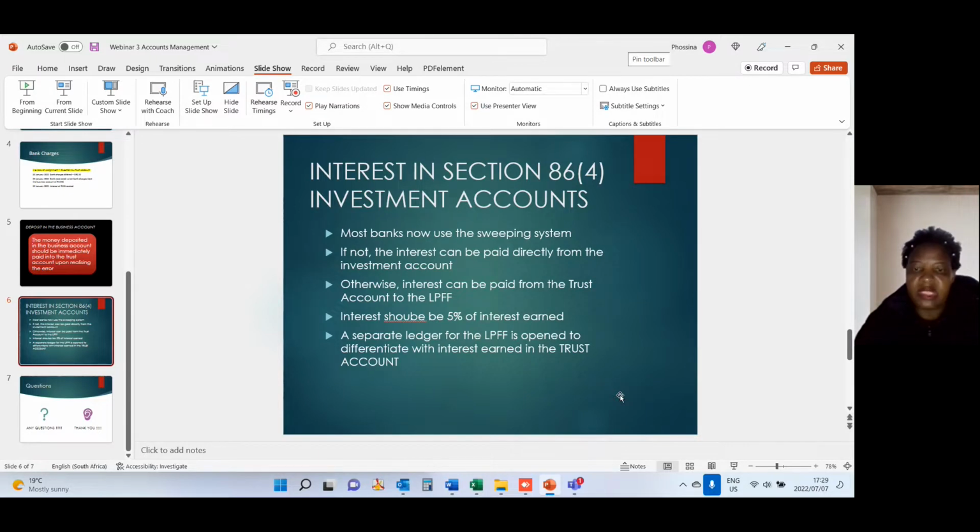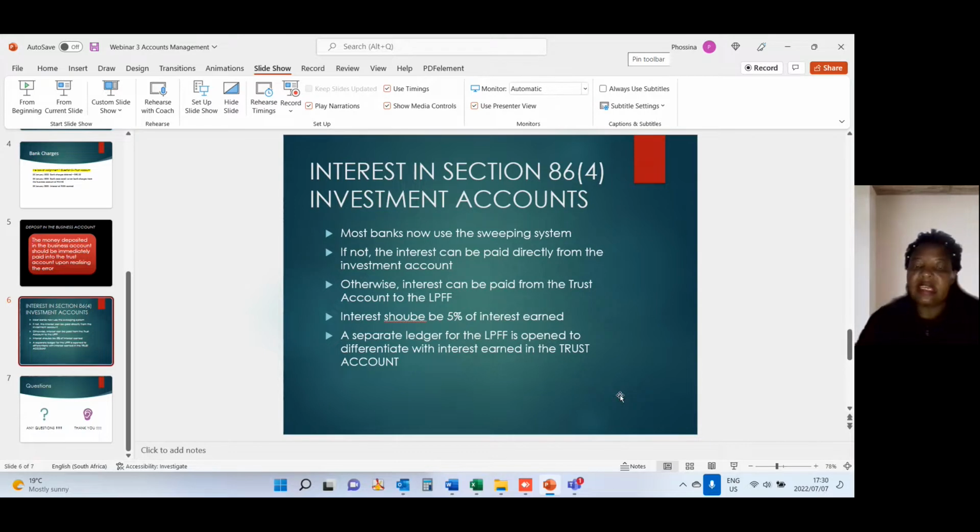But if we do it on a monthly basis, then it means we notice mistakes, we notice errors, we do our bank reconciliations, and then we are able to rectify any mistakes. And if ever there are any bank charges which have caused the account to be in debit, then we are able to quickly correct without getting into trouble.